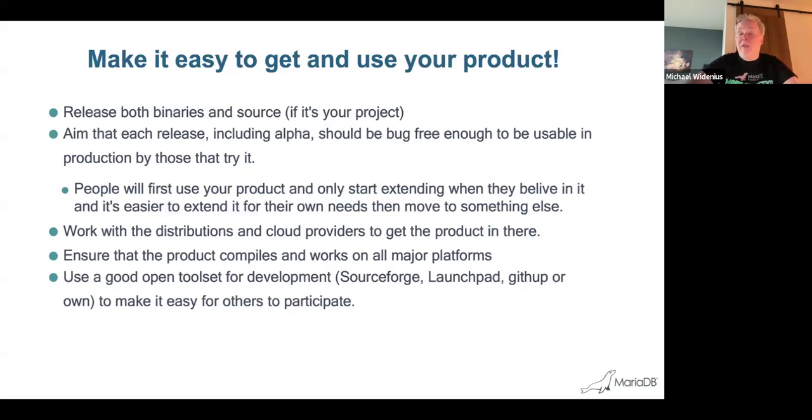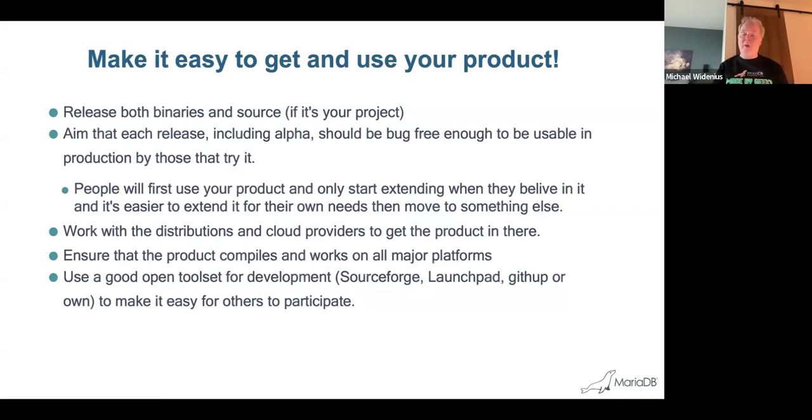You also need to make it easy to get and use your product. In the beginning, before you are in the distributions, you should release both binaries and source so that people can get access to your product very quickly. Of course, you should try to ensure that everything is bug-free. It's hard in the beginning, but doing your best will help.